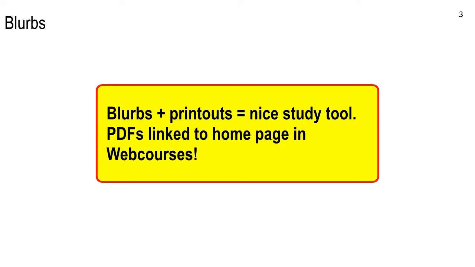But otherwise, you'll be at the final, and you want to be able to review. And the printout that you now have and the blurb file, which you can download, it's a PDF, linked to a page in web courses, those together will make a nice review study tool. So definitely keep those babies.